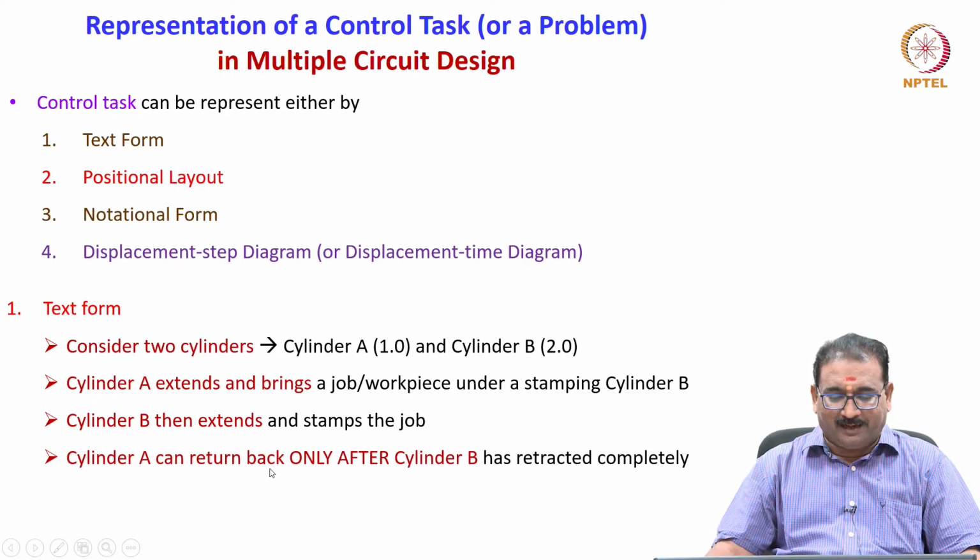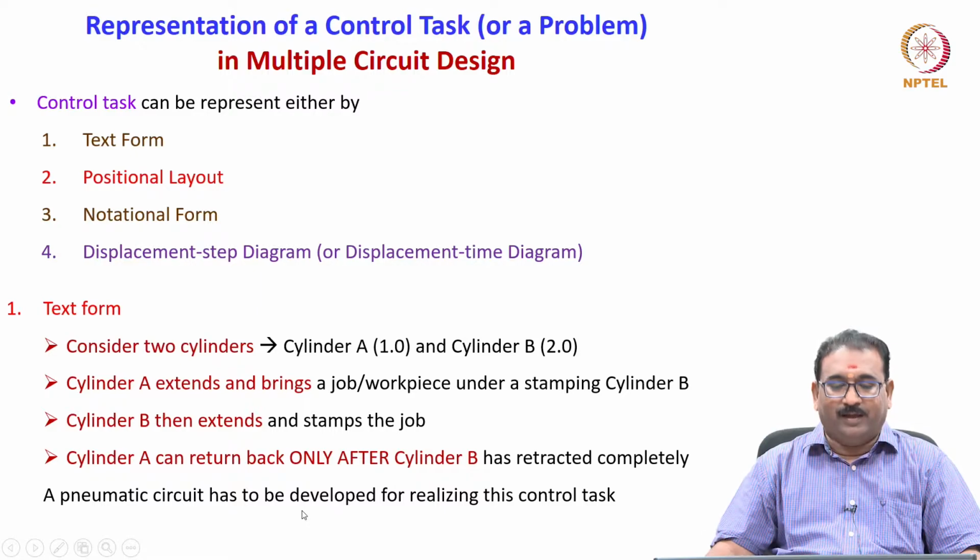Cylinder A can return back only after cylinder B has retracted completely. A pneumatic circuit has to be developed for realizing this control task. After understanding the problem, you have to form it like this. It is a text form representation.